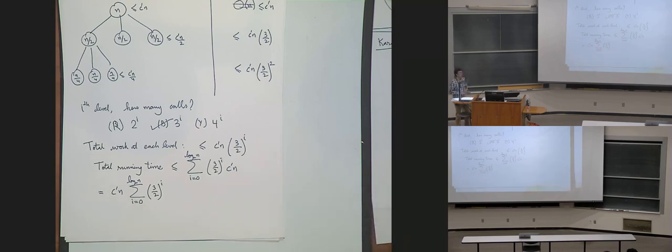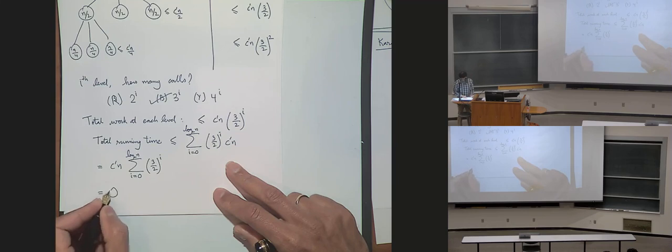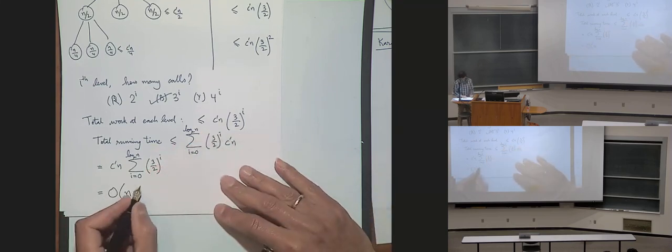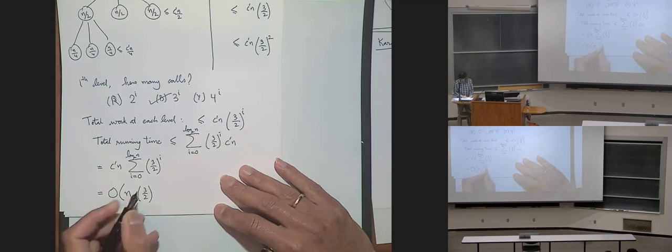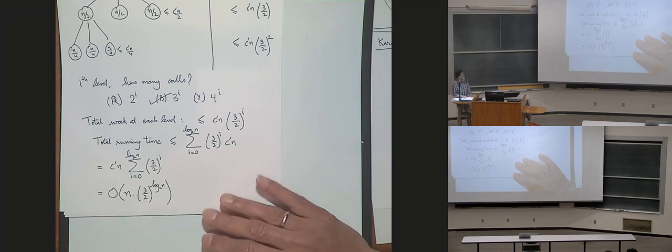Okay. Now again, as we said, this is a geometric series. So up to a constant factor, the sum is just dominated by the last term. So you just look at the last term, and the exact value depends on what this constant is, so I'm just going to write this with big O. So this is O of n times whatever that last term is, which is (3/2) to the power log base 2 of n.